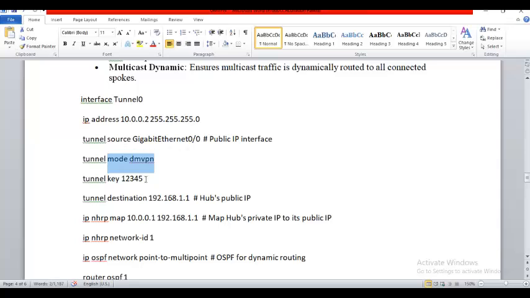First, you need to say the private and then the public. You are saying, in order to go to the hub 10.0.0.1, you need to go to this public IP address. You remember I told you 192.168 is public. And this needs to be the same on all routers. Is there any confusion in this spokes? That's all.